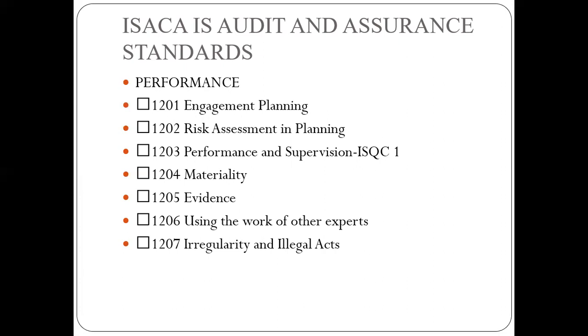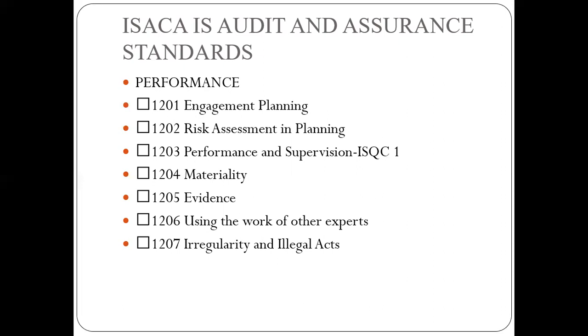So the materiality might be maybe $500,000, then the performance materiality may be lower than that, $100,000. The idea is that you don't keep your eyes solely on the high materiality threshold, because there may be some transactions that may not meet your materiality threshold, but they might be indicative of irregularity. So you still have to keep your eyes open while you are focusing on materiality.